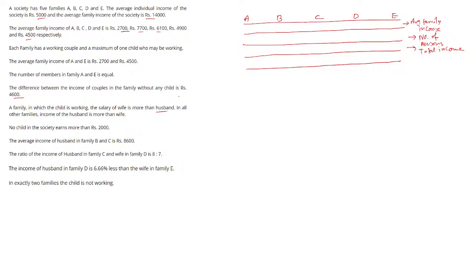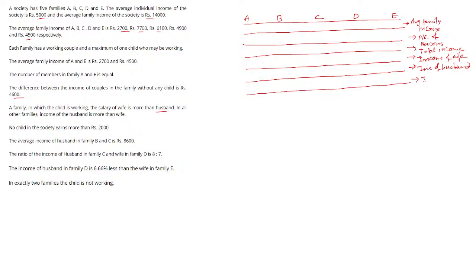Since the salary of wife and husband is given, make another row here for income of wife, the next row for income of husband, and then the income of child, if the child is working.